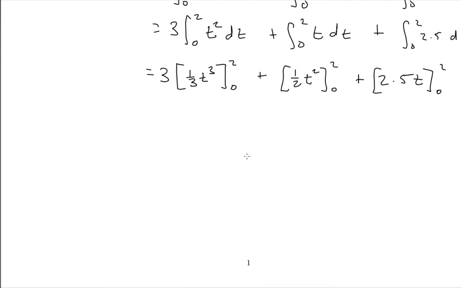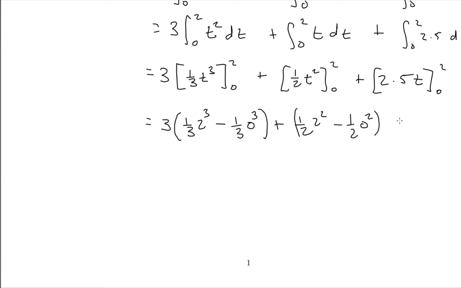Now I can plug in my endpoints. This becomes 3 times (1/3 times 2 cubed, minus 1/3 times 0 cubed), plus (1/2 times 2 squared, minus 1/2 times 0 squared), plus (2.5 times 2 minus 2.5 times 0).